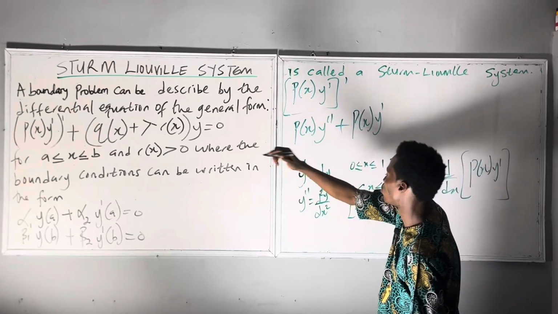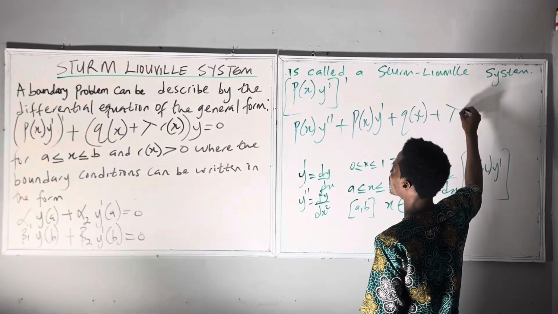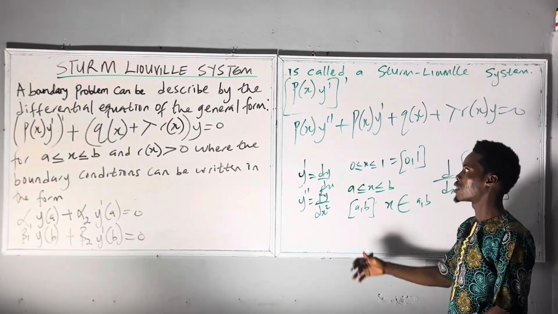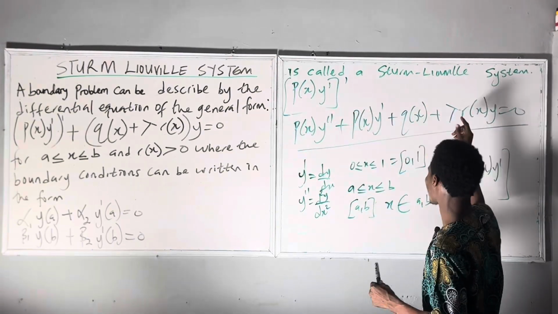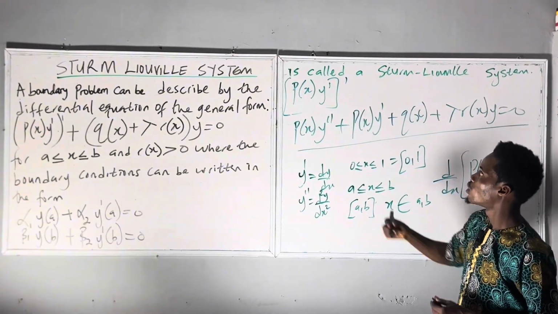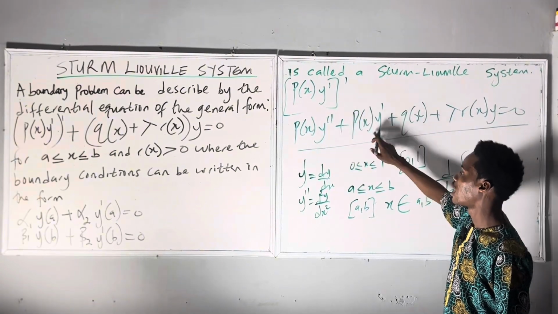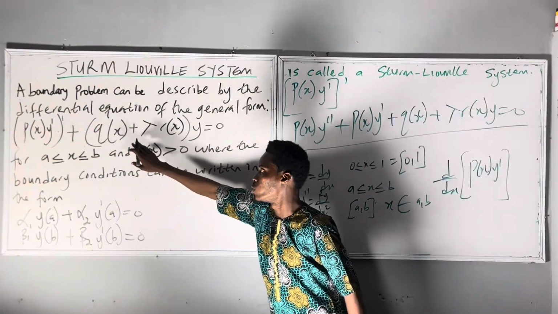Then we now have plus q(x) plus lambda r(x) y equal to 0, so I can write this one as this.